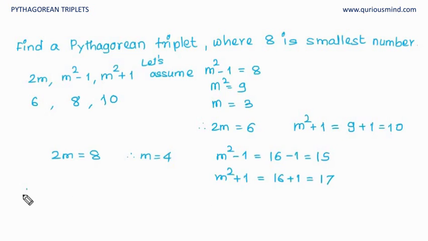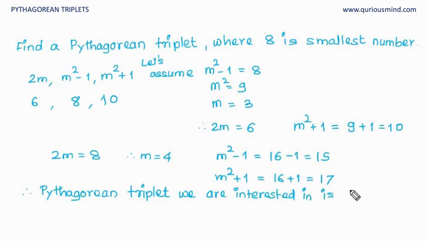And hence the Pythagorean triplet which we get is 8, 15, 17. This also is a Pythagorean triplet, but that was not what we were interested in, because 8 was not the smallest. We were interested in 8 as the smallest one. This is one. Let's see one more example.